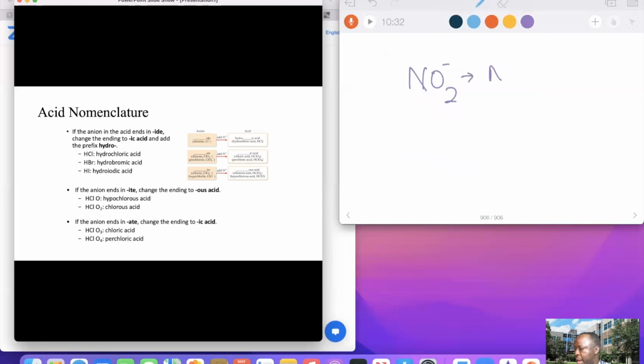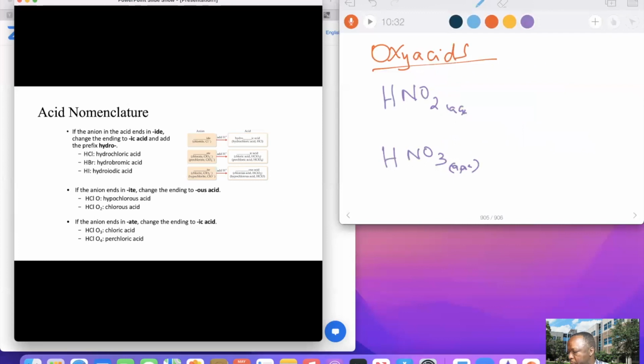This is nitrite, ITE, and then NO3 negative. This is nitrate, ATE. So if ITE is the ending for polyatomic ions, we use OUS and then the word acid. So this is how you will name this.